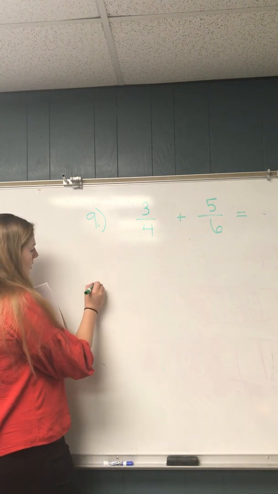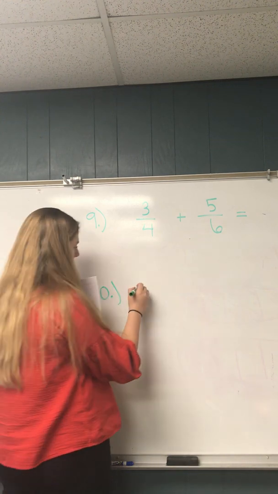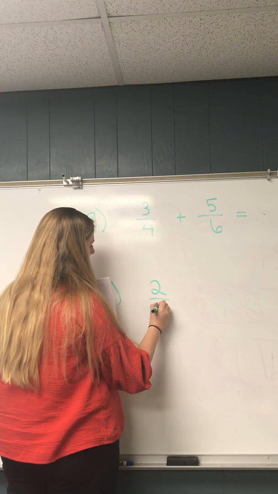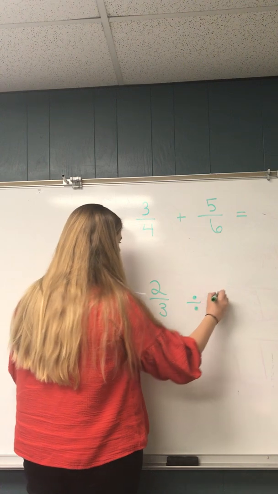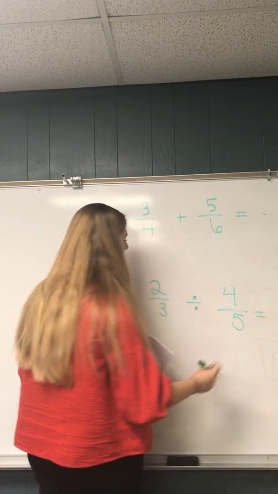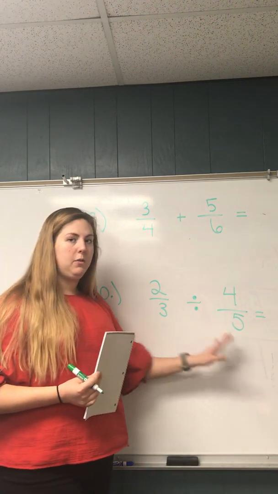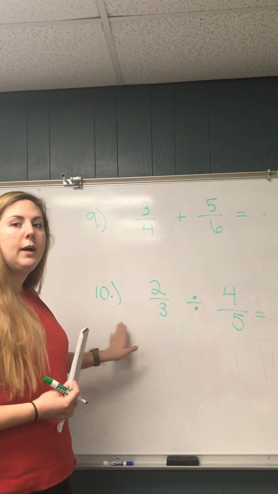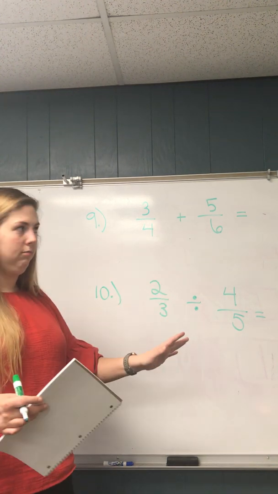For number 10, your problem is 2/3 divided by 4/5. Remember, you're working with a division, so keep, change, flip. If you're confused on number 10, go back to my second example that I gave you, that we went over all together.